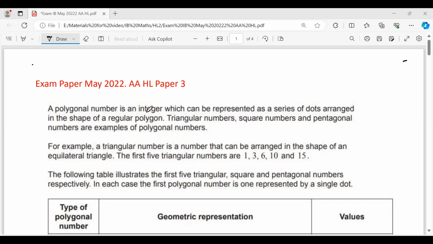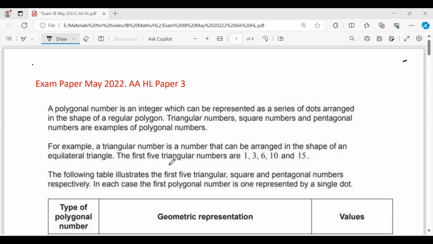A polygonal number is an integer which can be represented as a series of dots arranged in the shape of a regular polygon. Triangular numbers, square numbers, and pentagonal numbers are examples of polygonal numbers. For example, a triangular number is a number that can be arranged in the shape of an equilateral triangle.